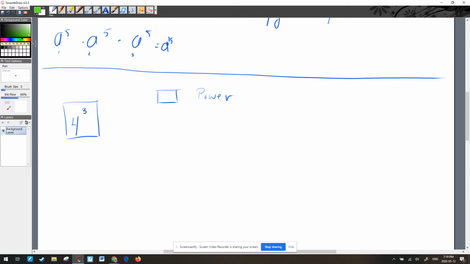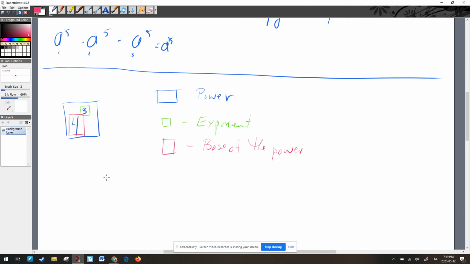Let's grab a different color, this color here. This thing here is, of course, the exponent, right? That's not news to anybody. That's the exponent. And this color here, this fella here, well, it is known as the base of the power, right? So that's all well and good.